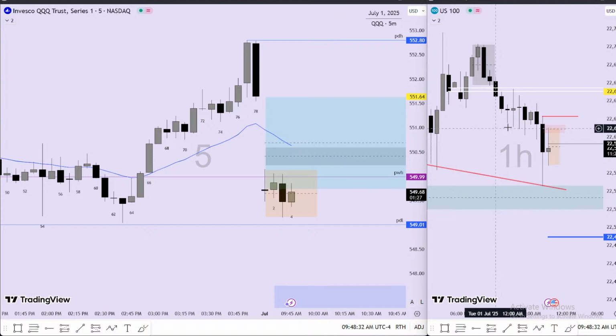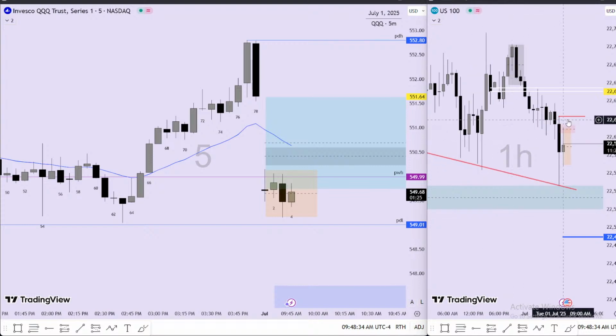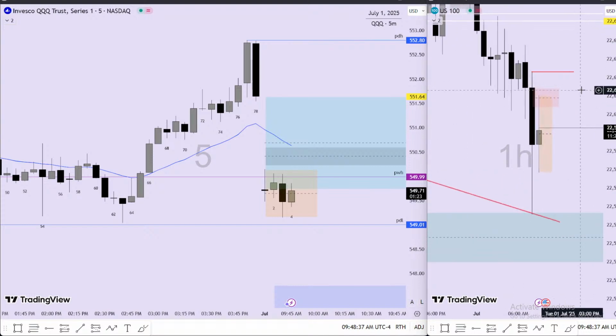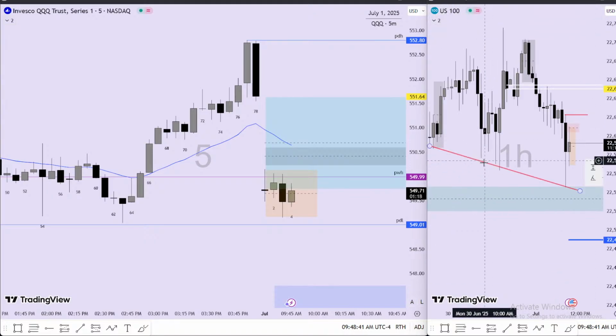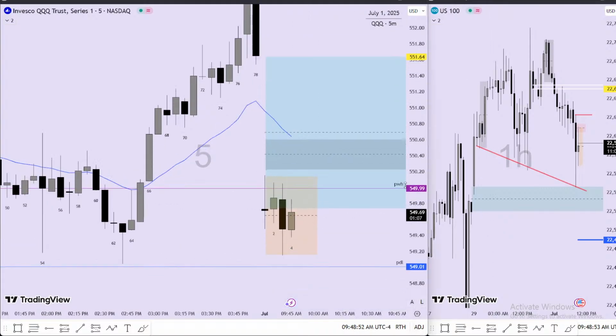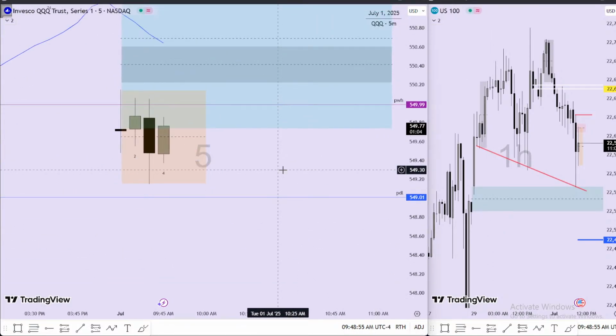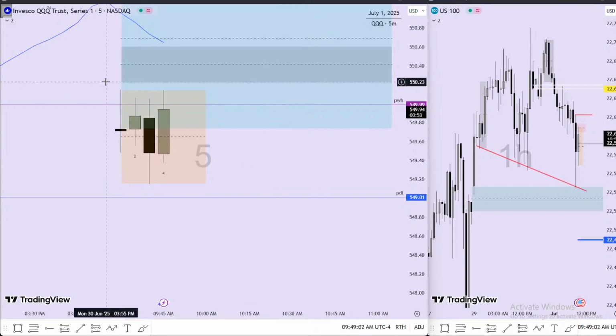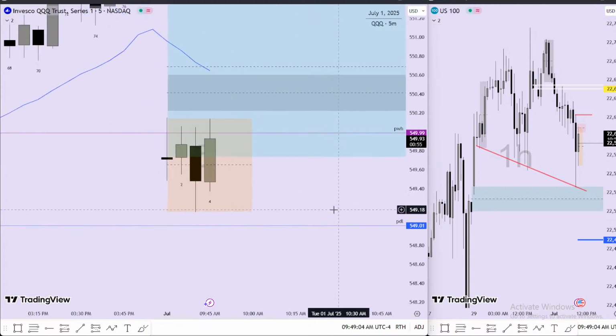We have closed the gap on the hourly time frame. Okay.